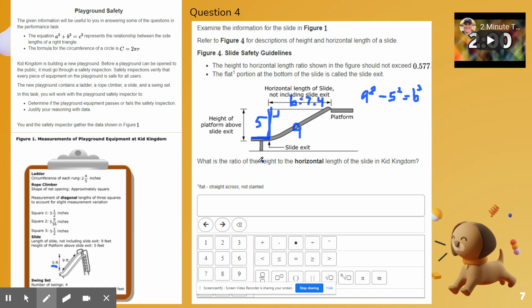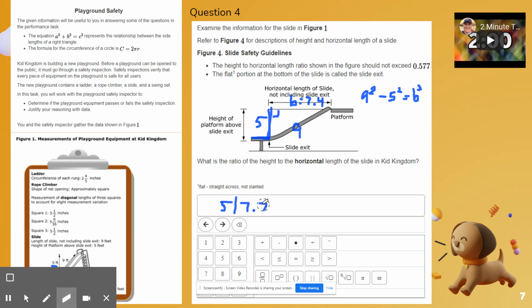Now it says, what's the ratio of the height to the horizontal length of the slide? So the height, right, is 5. And the horizontal length is 7.4.